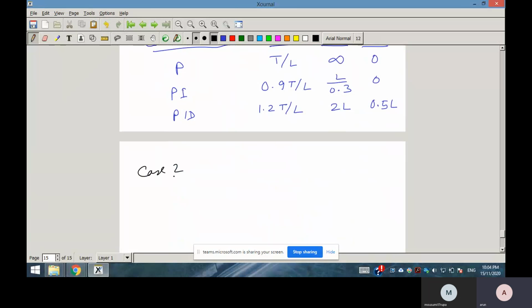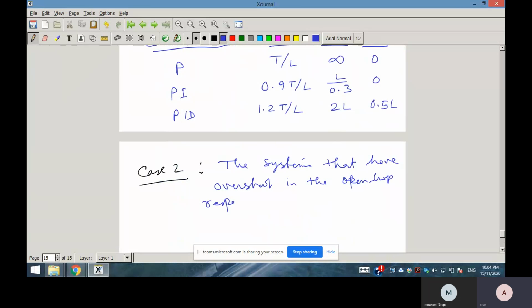So case two means the systems that have overshoot in the response, in the open loop response.